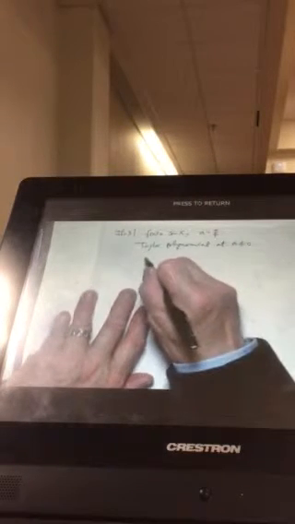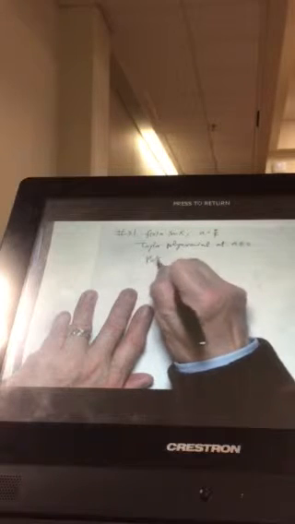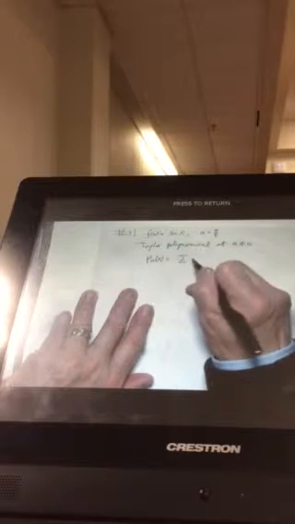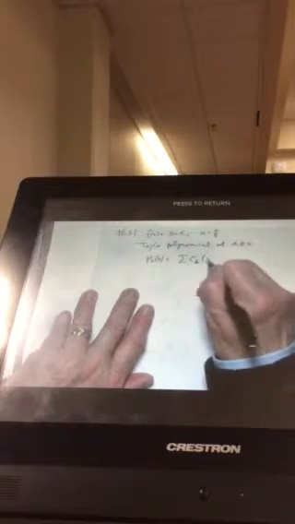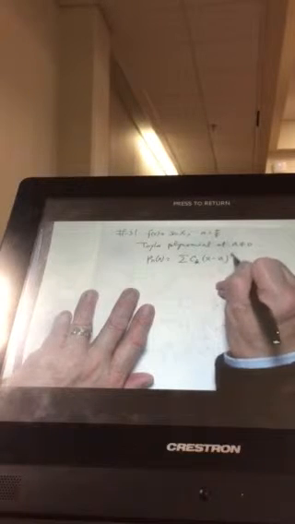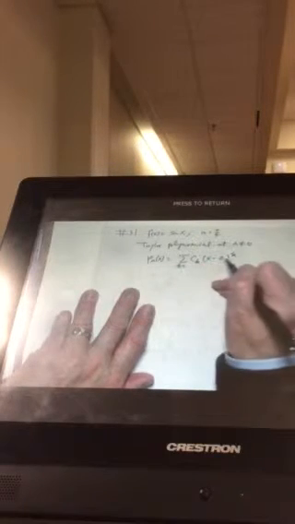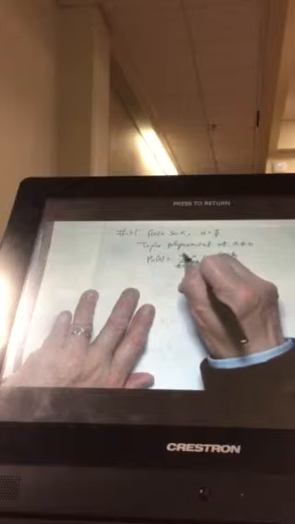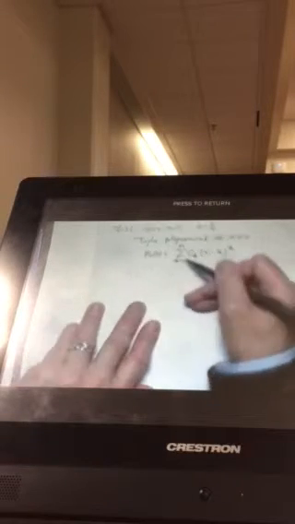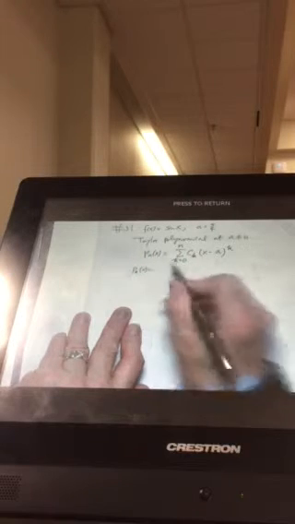So that means the Taylor polynomial is the summation of c sub k times x minus a to the k, from 0 to n. So what is p0 of x?